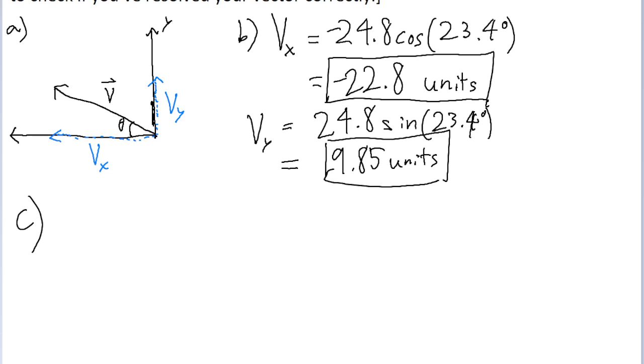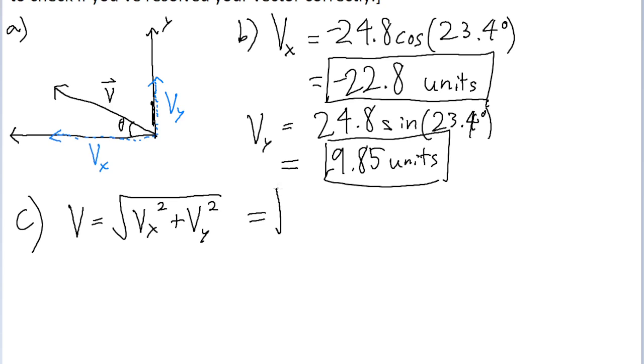And so this is fairly simple as long as you understand the formulas for the magnitude and angles of a vector. You can find the magnitude of a vector by taking the square root of the sum of the squares of its components. So that'll be the square root of vx squared plus vy squared.